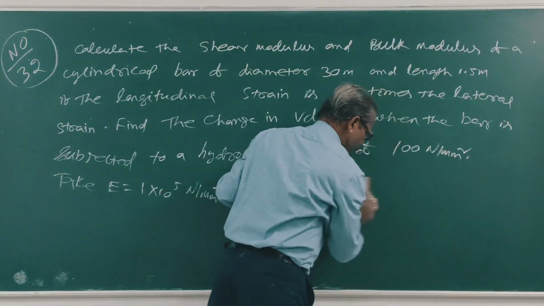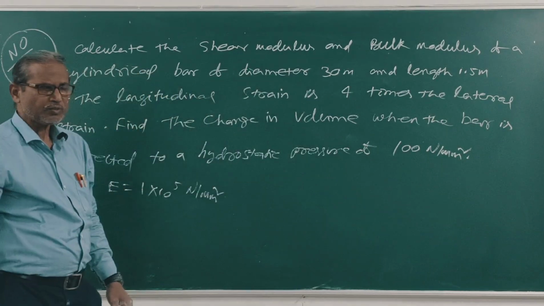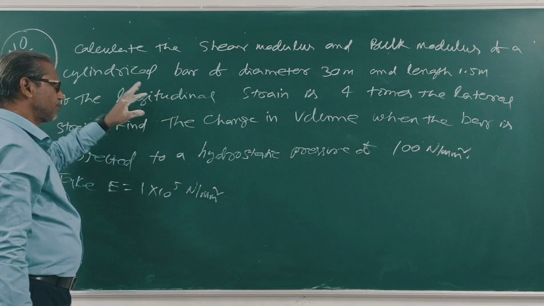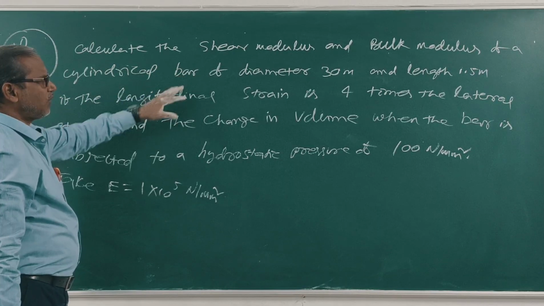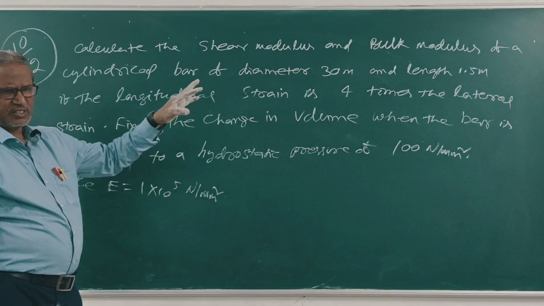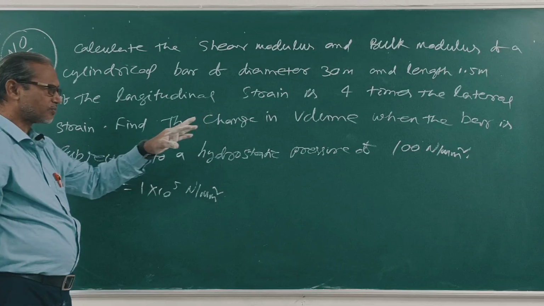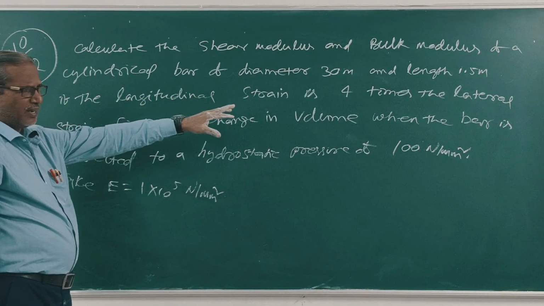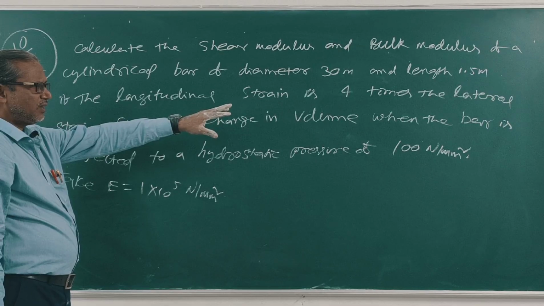Now this is question number 32. Last question of this class. The question is, calculate the shear modulus and bulk modulus of a cylindrical bar of diameter 30 mm, length 1.5 meter.